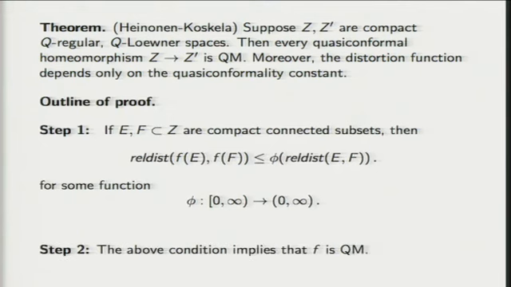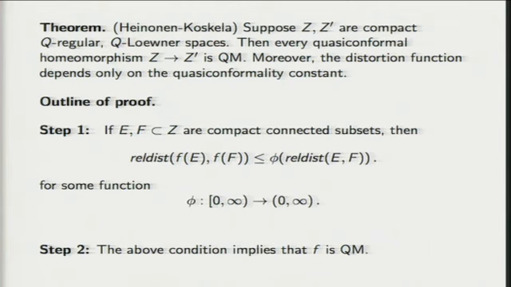And then the second step is to use this to see that the map is Quasimobius. So the idea is that if you take two compact connected sets with controlled relative distance, the image has controlled relative distance. Now you want to get from that to the Quasimobius condition, which is a condition on 4-tuples of points.